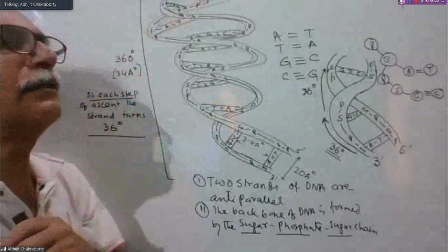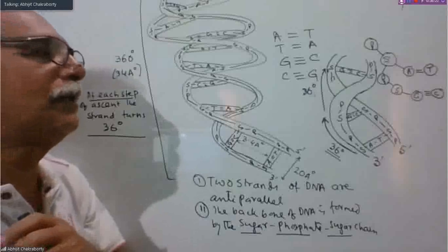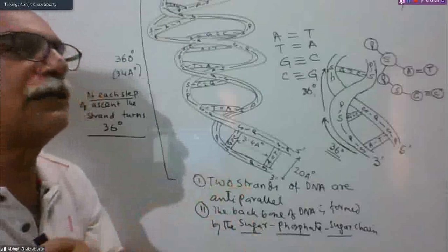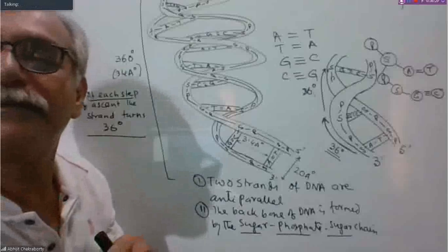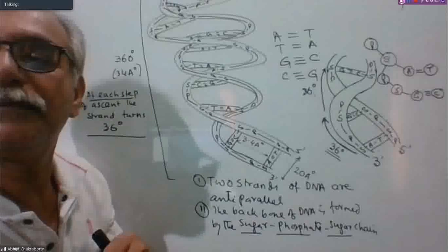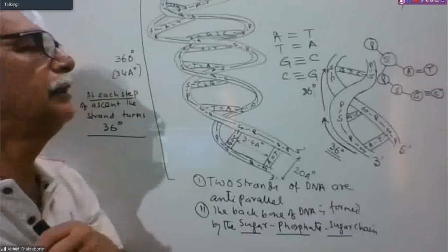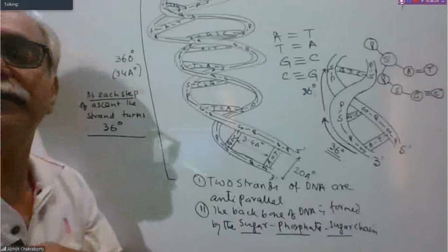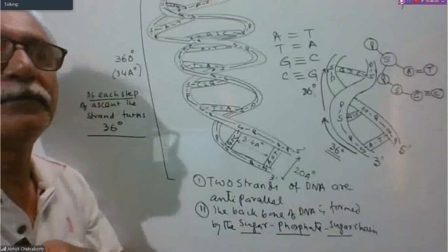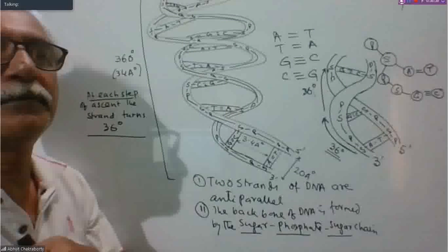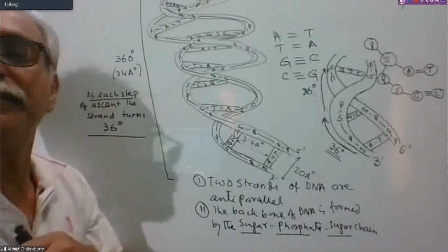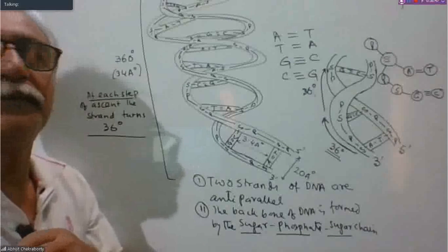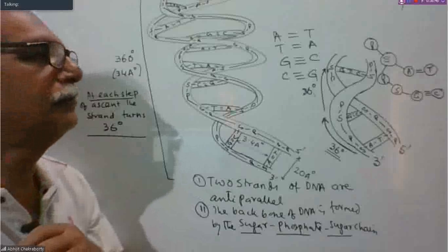And the other, just opposite end of the same strand, you will get the third carbon of the sugar with a free hydroxyl group. It is called 3'. Clear? Is it okay now?